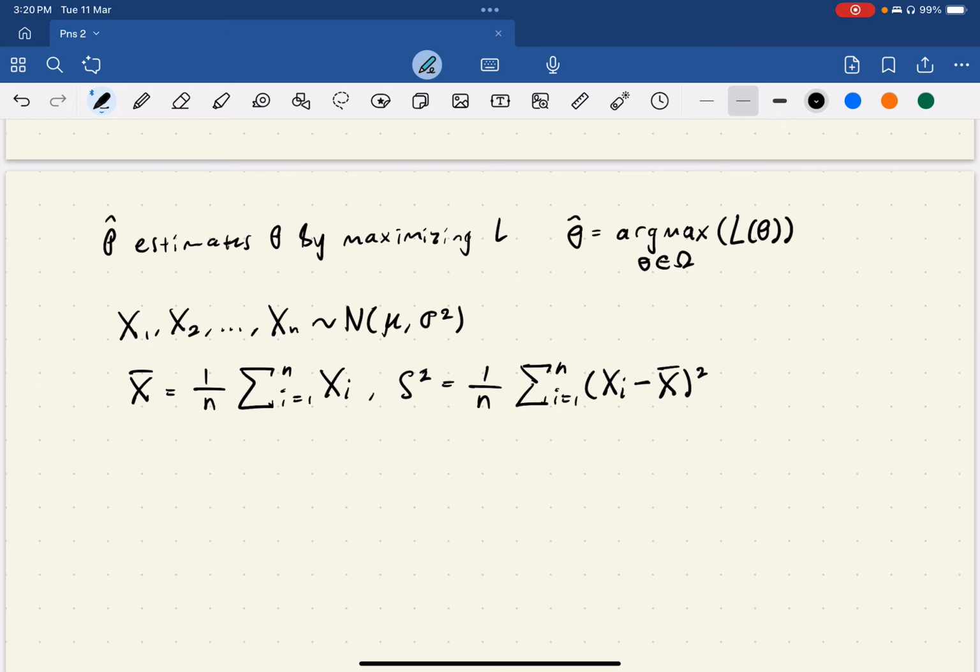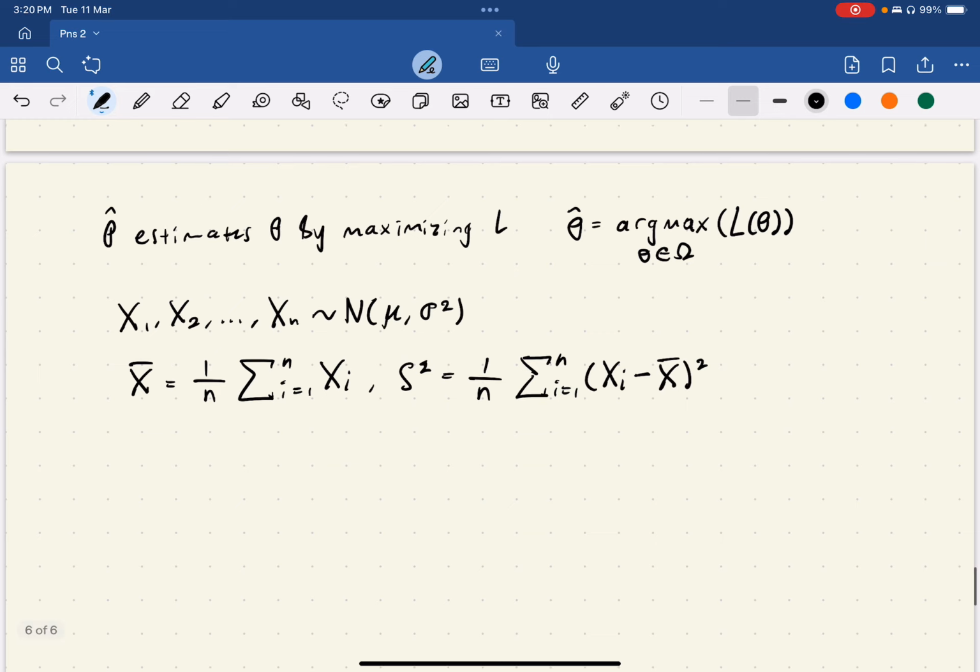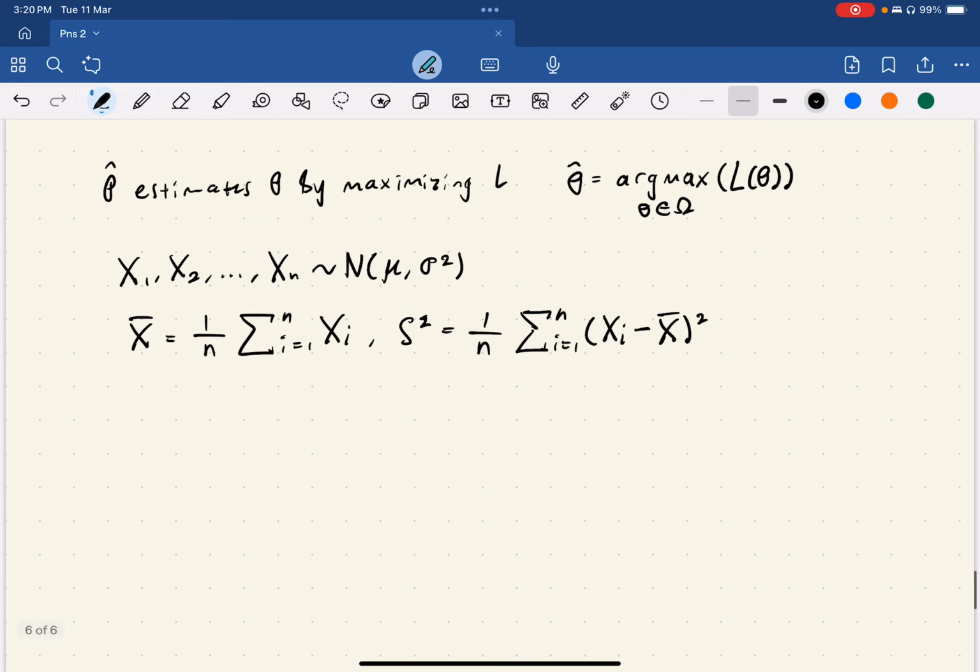Okay, now if you try to take the expectation of both of these estimators, we will have the expectation of x bar, and then you expand that expression.